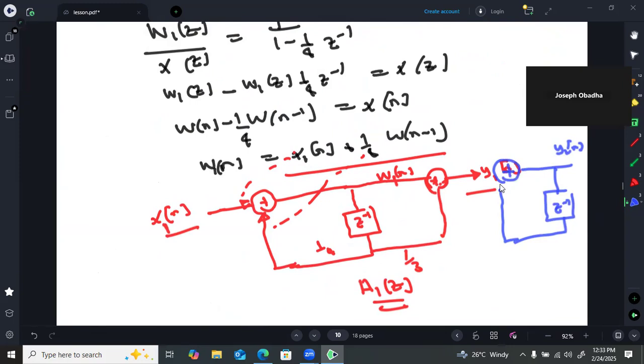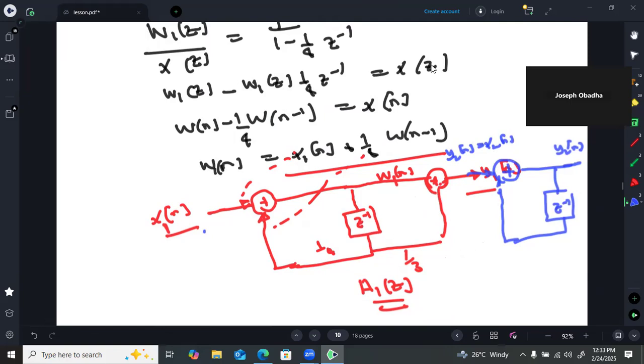So that now the overall input is X1, the overall output is Y2. In which case, here we are saying that Y1 of n is equal to X2 of n. The output of this is equal to the input of the second system. Then this one becomes the cascaded implementation of the system.